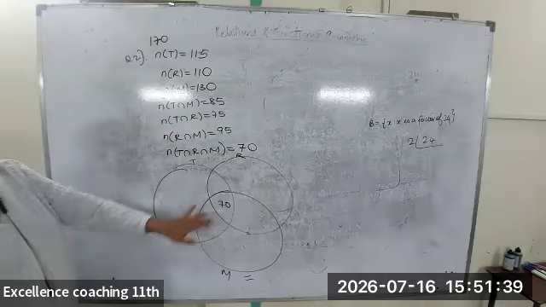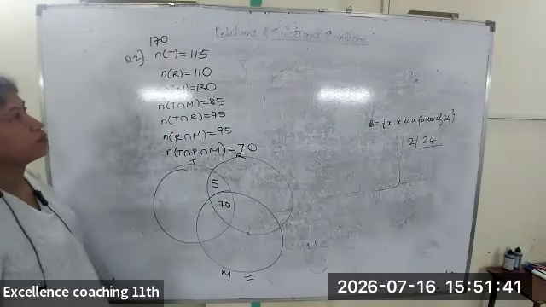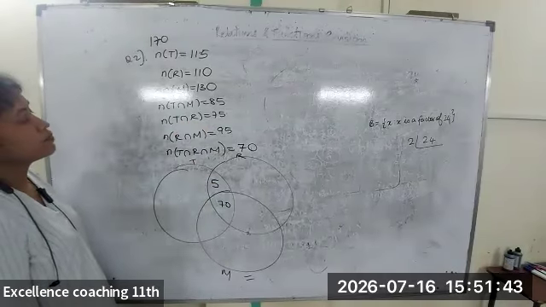T and R, 75 minus 70 will be 5 here. And 95 minus 70. And T and M, 15, no? Check. Now got correct answers? Good.